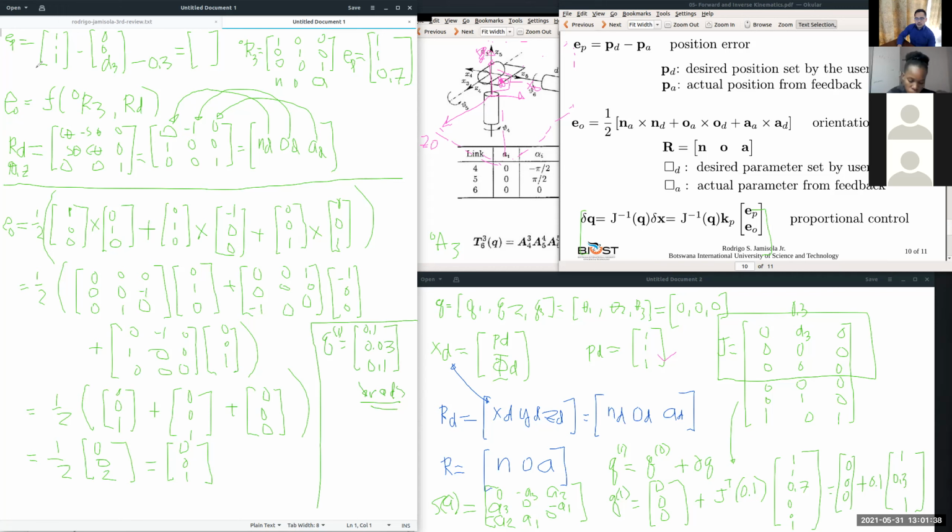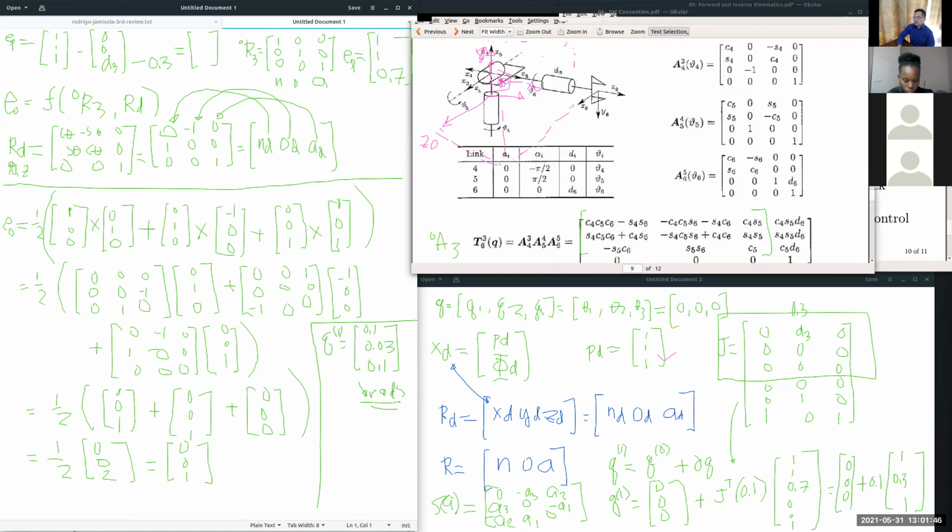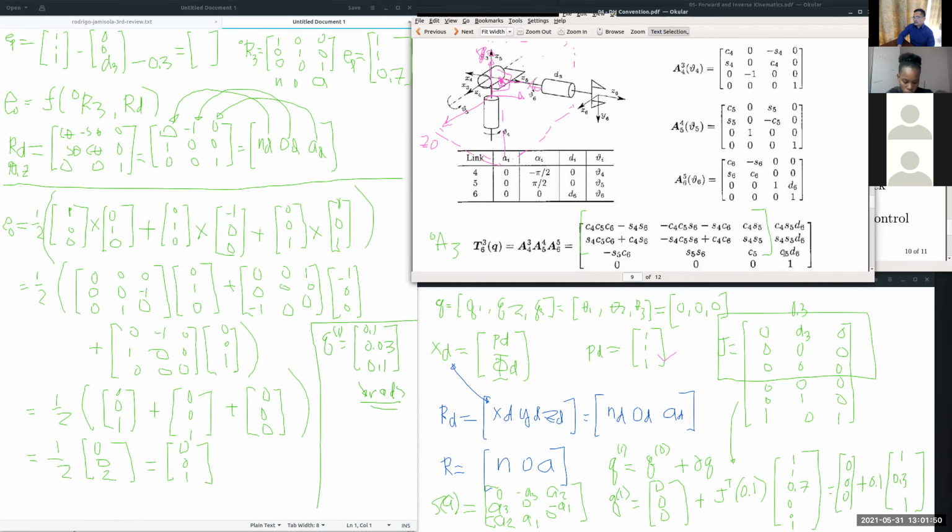The desired values don't change, only the actual values change. That means that for this part, you have to compute the new angles, theta 1, theta 2, and theta 3.